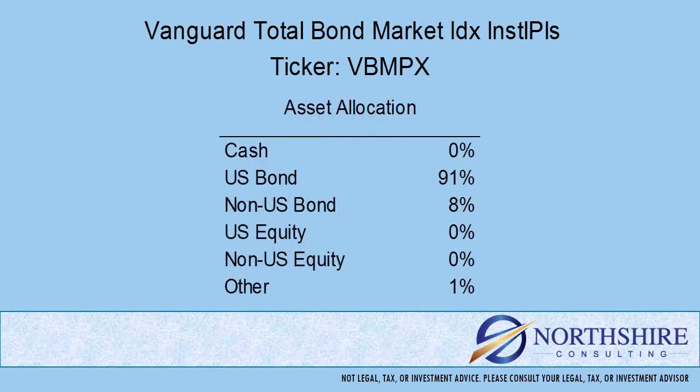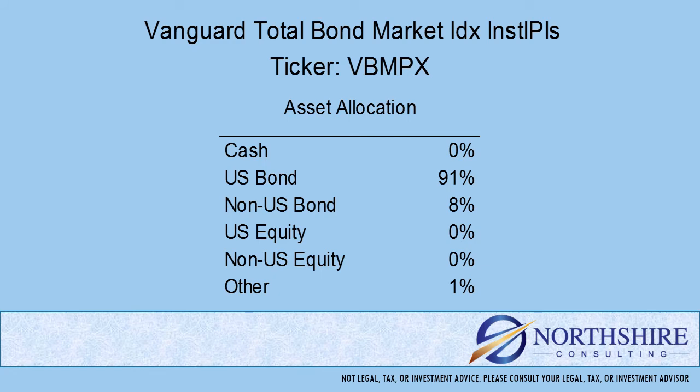When we look at a basic asset allocation like this, there's a couple things that we look at. The first is stock to bond ratio or equity to bond ratio. So bonds, we have non-US, US, and cash we usually lump into that category as well. So as you can tell by this portfolio, it's more so weighted in bonds than equities.